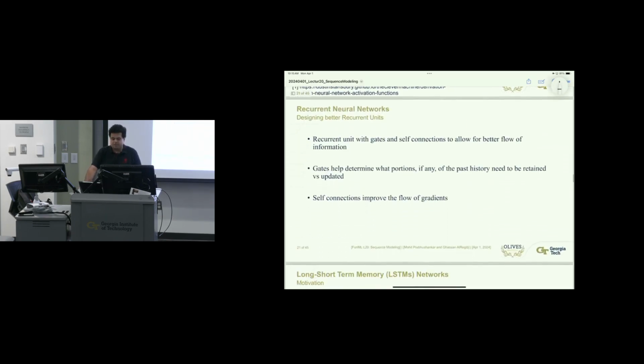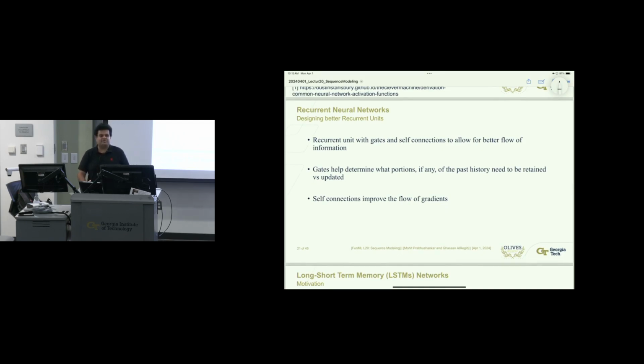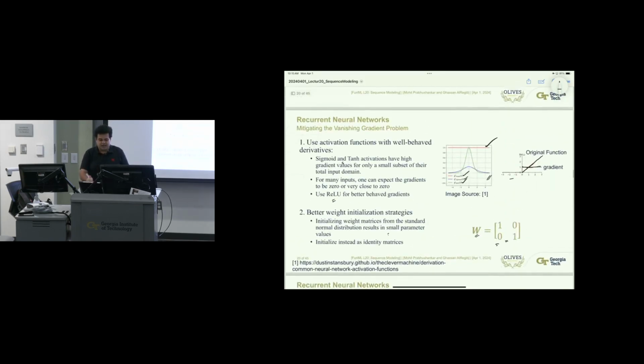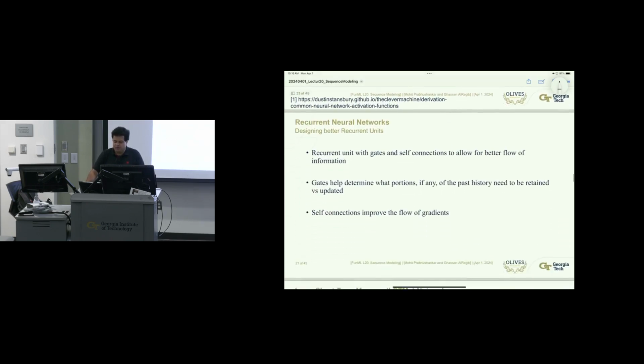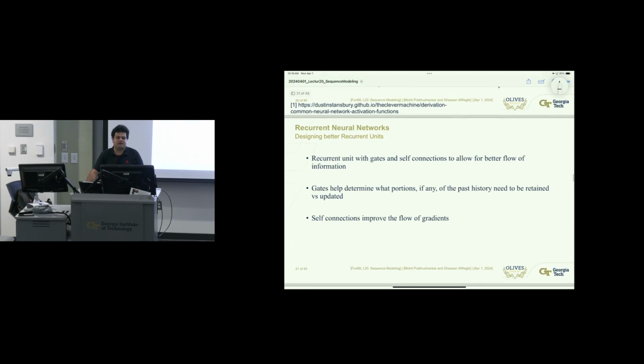All right, so maybe the way we are designing our RNNs is something that we can change. These two things work, yes, but in isolation they are very minor increments that can help, but they don't help as much as we would want them to. So what we probably need is better recurrent units themselves.